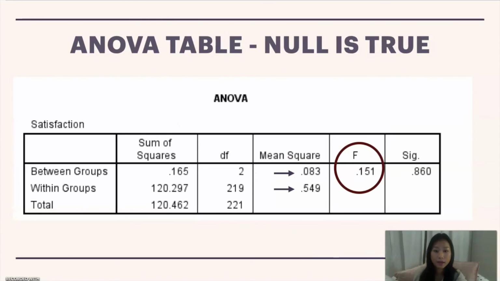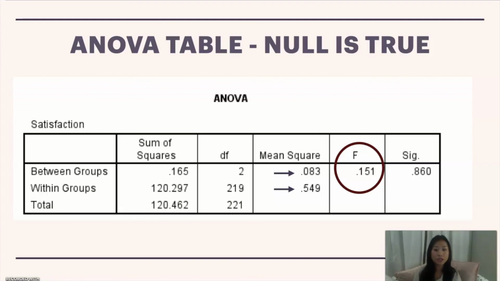Now let's look at an example where the null is true. On this table, as you can see, the mean square, or the difference between the groups variance, is very small. It's 0.08, whereas the variance within the groups is 0.55.